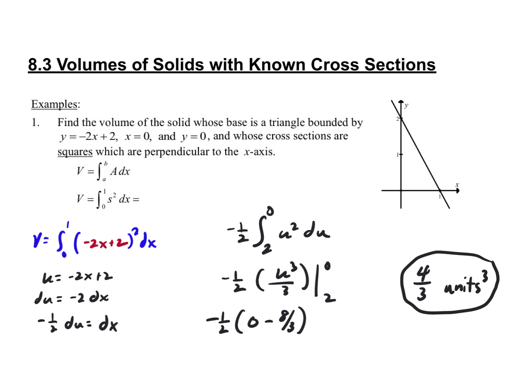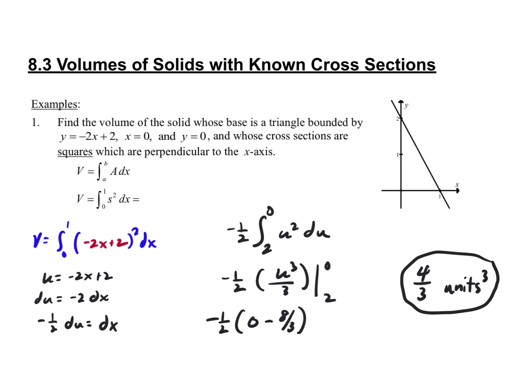They didn't give us units, so you should probably put them. If you made it 1.333 cubic units, that would be fine too. So that's the first one. Questions about that? You would have gotten the same thing had you just multiplied this out and not used U substitution and went 1 to 0.